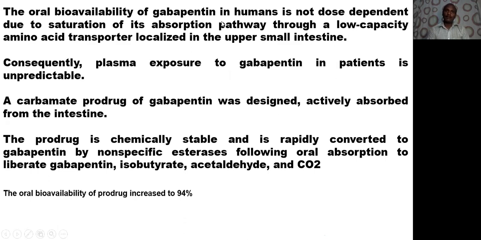That means bioavailability sometimes you can increase by increasing the dose, but in the case of gabapentin the bioavailability is not based on the dose, because of the saturation of its absorption pathway through a low capacity amino acid transporter localized in the upper small intestine.